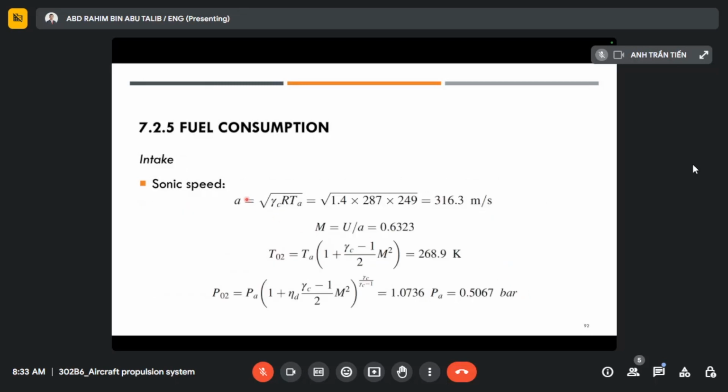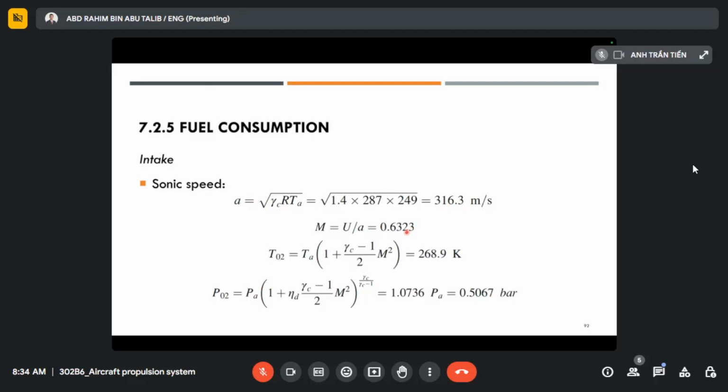For the intake, if you look at the sonic speed, you want to find A. So you use the expression to find the speed, and you get 316.3 meter per second. You can find the Mach number, given the velocity over A, which is already found here.